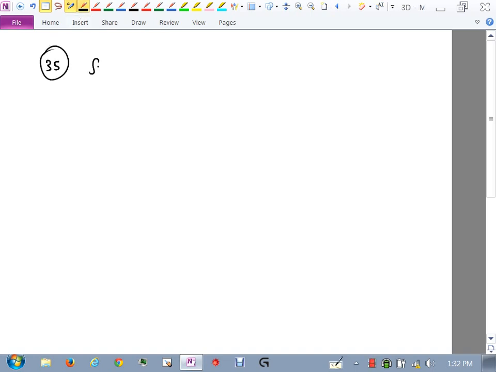F of x equals x squared e to the negative 3x. I need the derivative, right? So derivative, I'm going to have product rule here. So that'll be 2x e to the negative 3x plus, now, what's the derivative of e to the negative 3x?